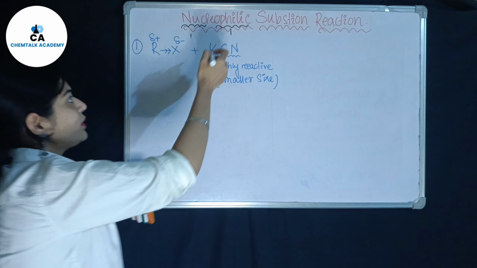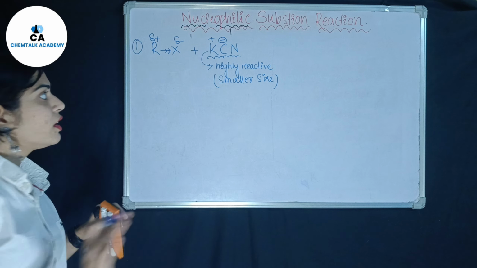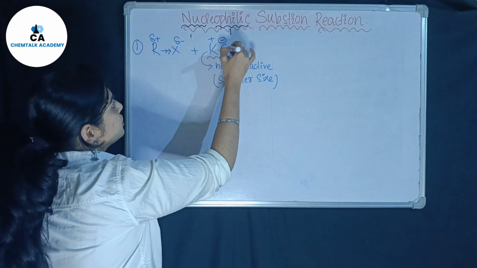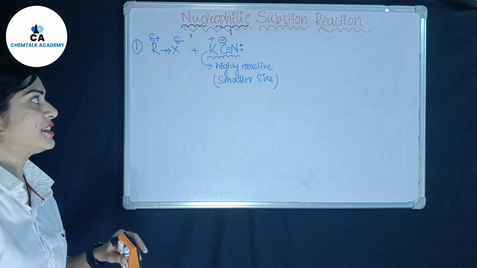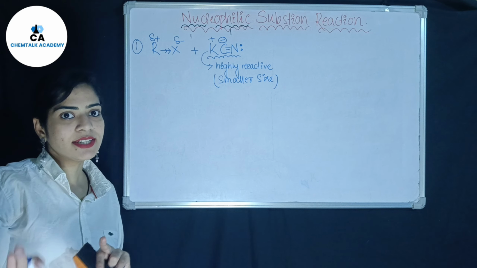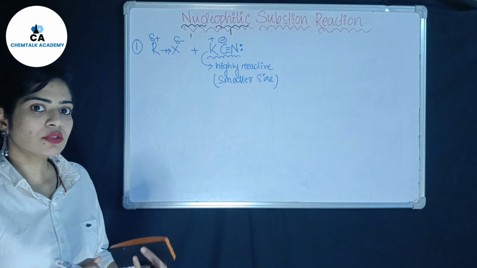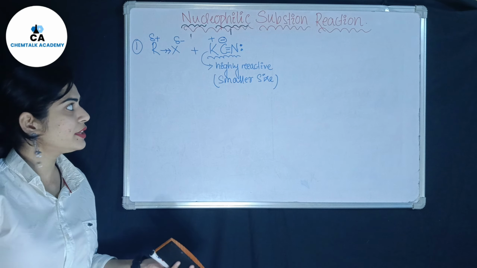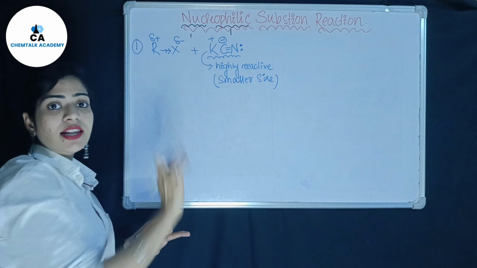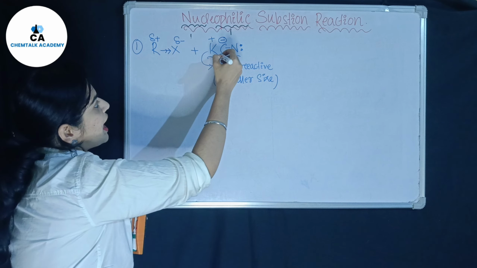If it is ionic, K will be positive and the negative charge will be on carbon. Nitrogen also has a lone pair of electrons. Now which side will react? Focus on the simplest thing: nitrogen is more electronegative than carbon, so nitrogen requires electrons and will not donate them. So who is having the extra electron? Carbon, and it will try to donate. So the linkage will be from carbon.